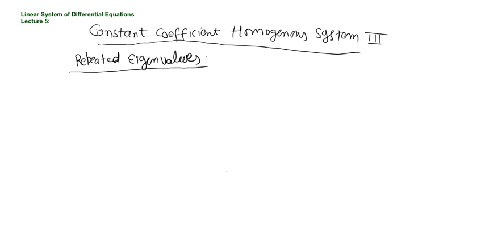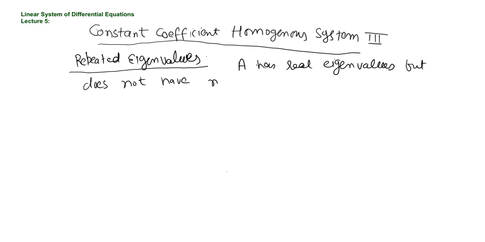So matrix A has real eigenvalues, but does not have n linearly independent eigenvectors.